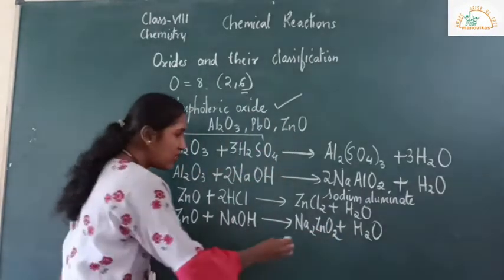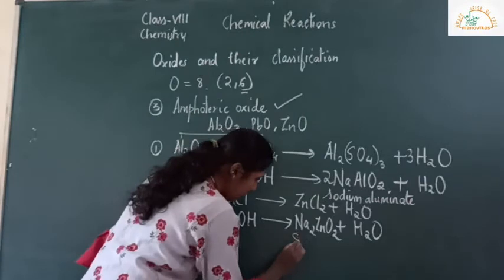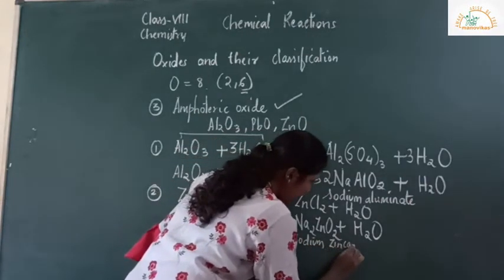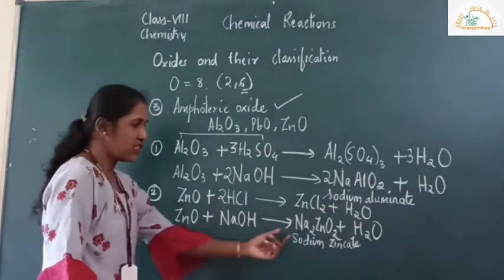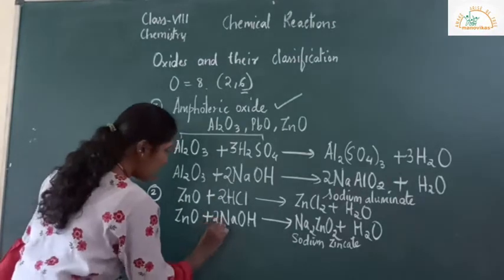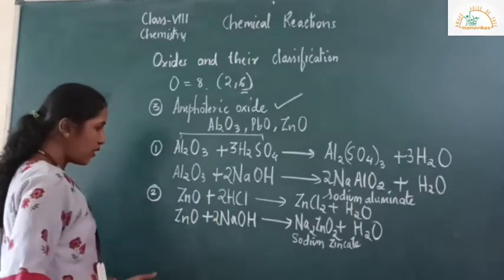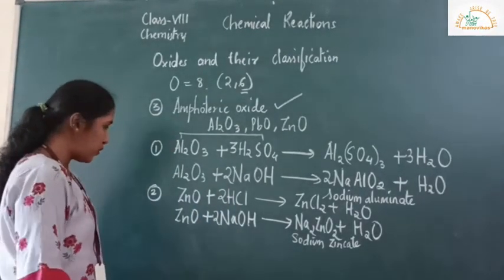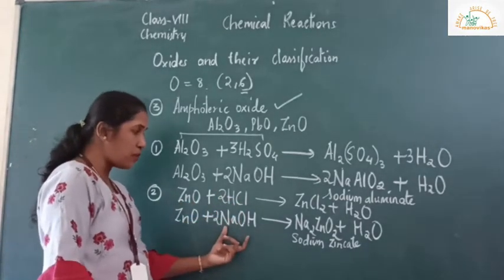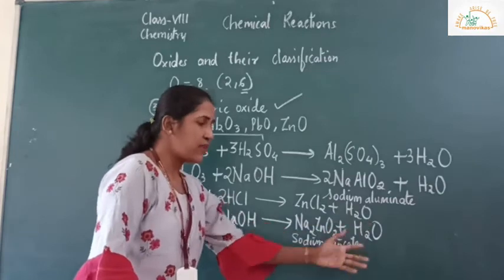Now this is called sodium zincate. Sodium zincate plus water. So this is the salt. Now you need to check if the equation is balanced or not. So 2. So now the equation is balanced. Okay. So same way, zinc oxide, when it is treated with acid and base, we get salt and water.